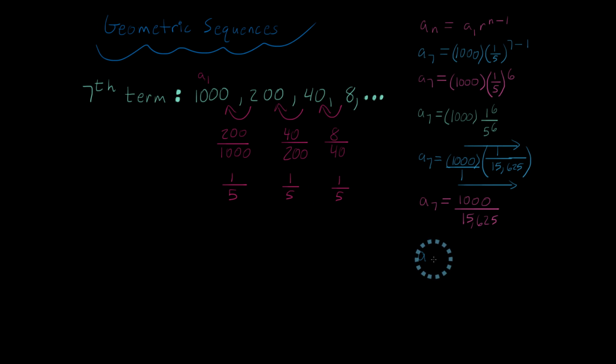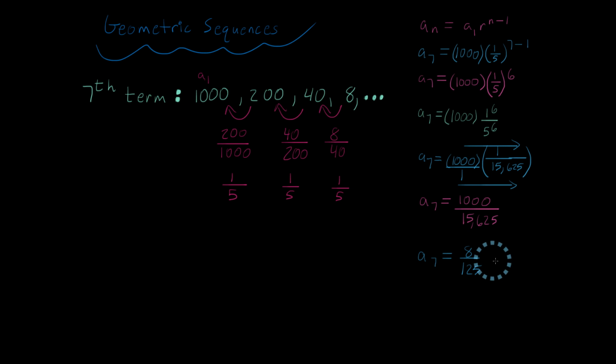So a sub 7 is equal to, well, both numerator and denominator can be divided by 125. So 1,000 divided by 125 is 8, over 15,625, which divided by 125 gives a value of 125. So this fraction is 8 125ths.